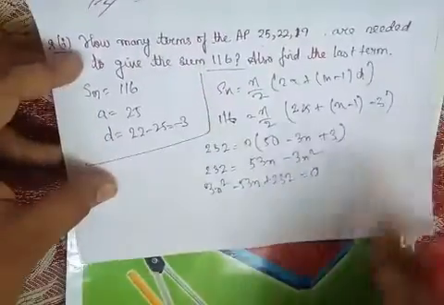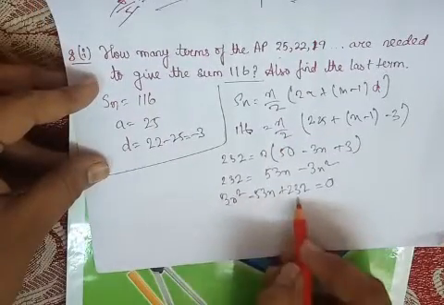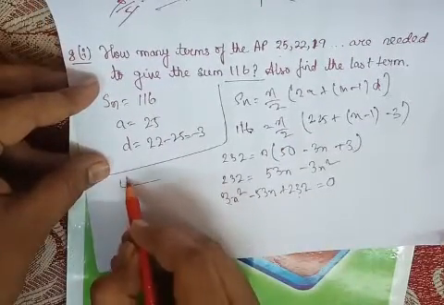Now we will factorize it. 3 into 232 is 696.